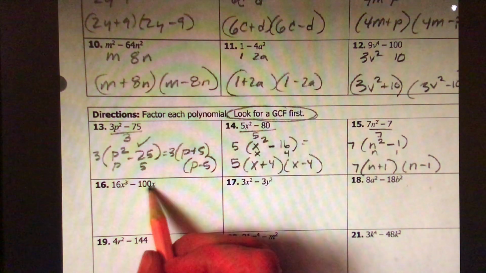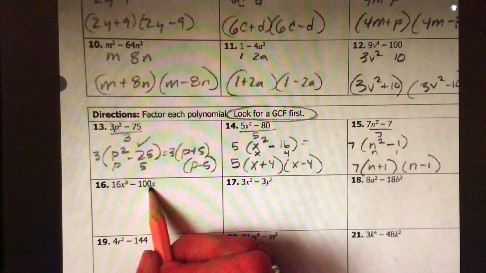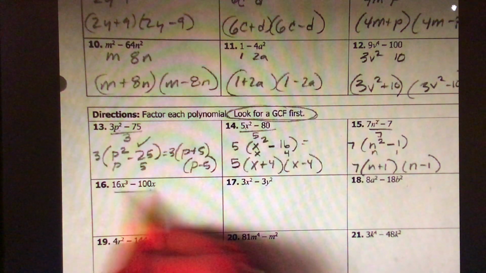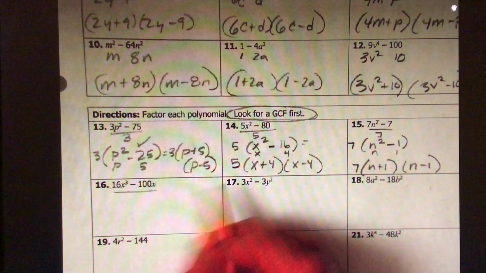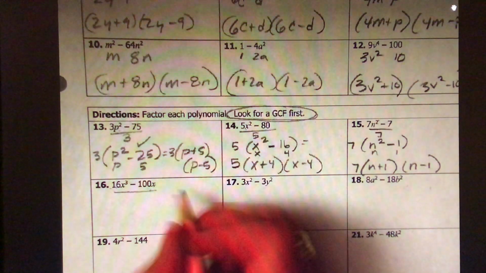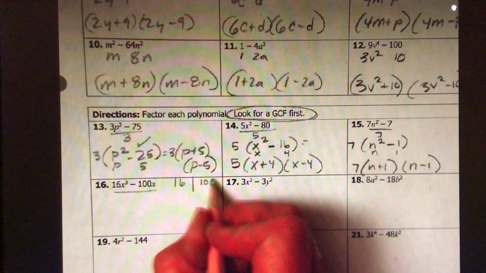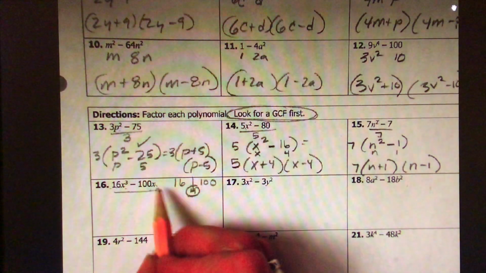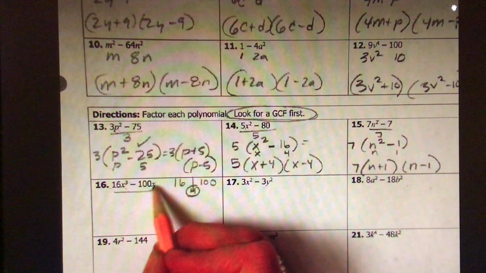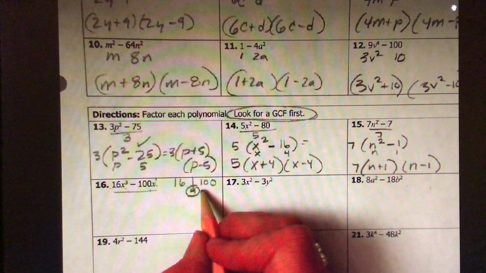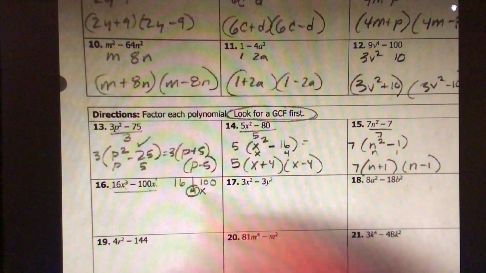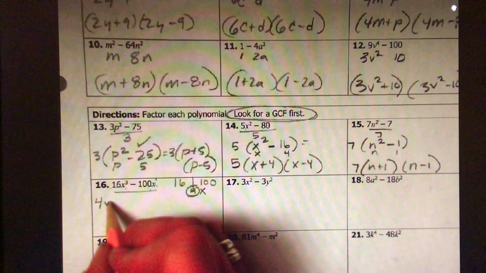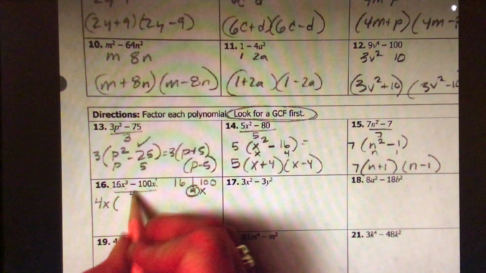16 and 100. Let's see, how should we attack that? Well, what if I pull out, well, I have to look for the number, right? I know 4 goes into the coefficient. So I'm going to write this, and I've got 4. It goes into both. I also have an x, and x is in both terms, and I have one of them. So I'm going to say that 4x is going to be my factor I pull out. So 4x, and I'm going to put it over 4x.